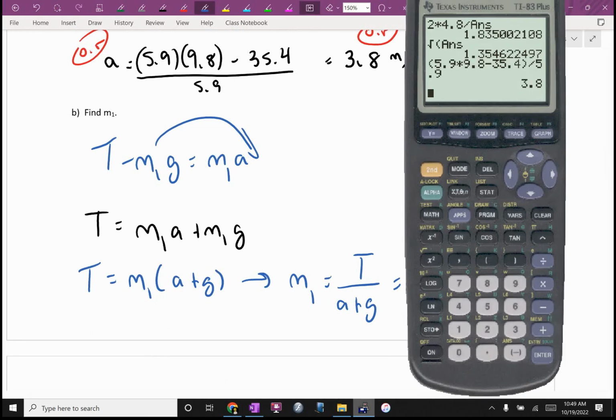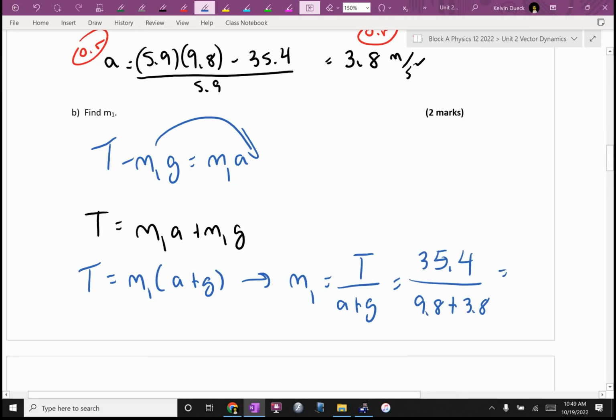Don't know what the answer is. 35.4 divided by bracket 9.8 plus 3.8. Did you all get 2.60 kilograms? Again, half mark for that, half mark for that, half mark for that, and a half mark for the answer.